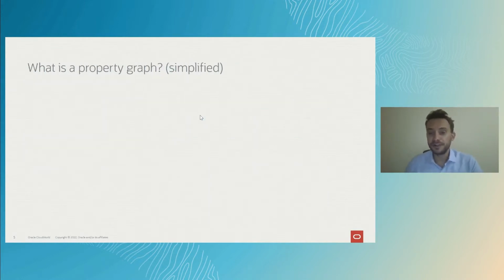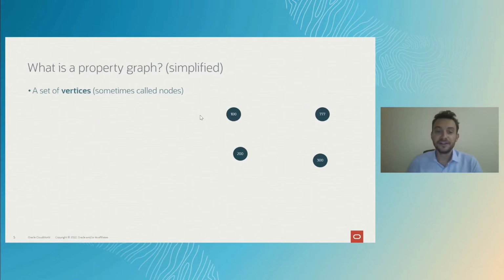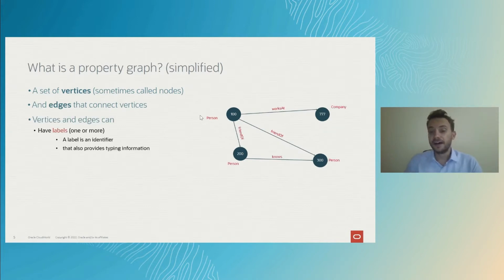But what is a property graph? Very simplified, a graph is a set of vertices, sometimes called nodes, as you can see here on the right side of my screen, which are connected between them with edges. In addition to this, both vertices and edges can have what we call labels. You can think of a label as being the type of a vertex or of an edge.